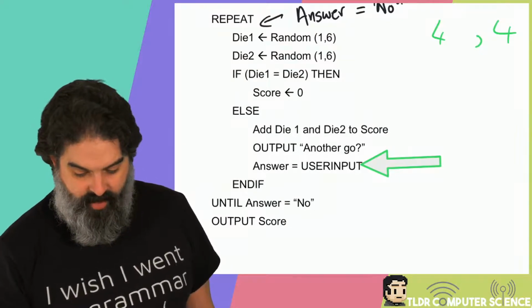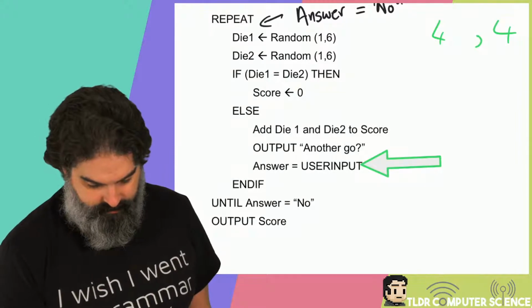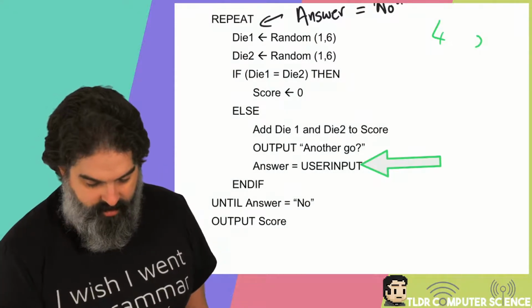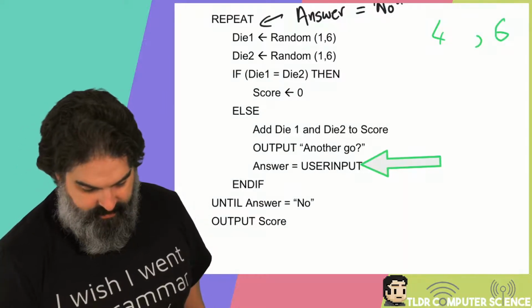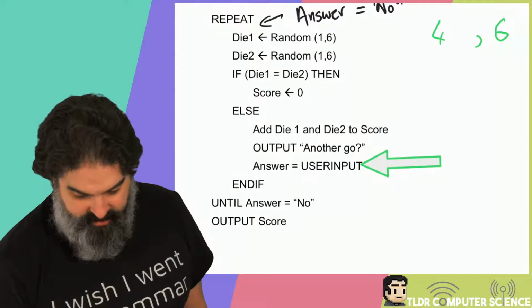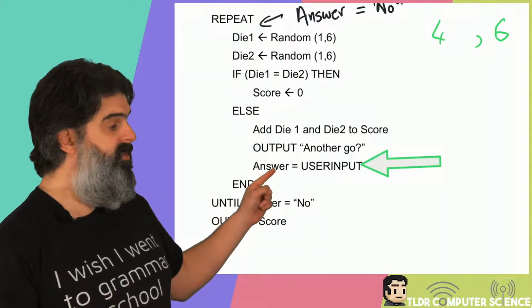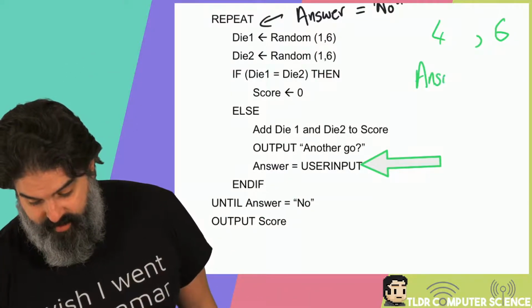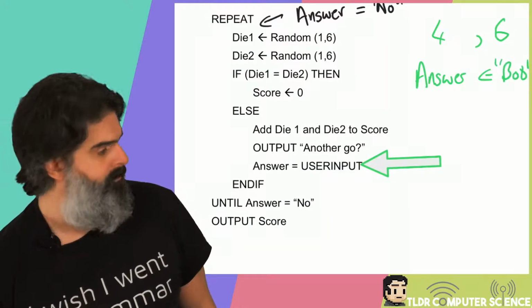So let's say you've gone down here, you rolled a 4 and a 6. It started telling you the score. It asks you if you want to have another go. So it's expecting you to put in a yes or a no, and you put in Bob.